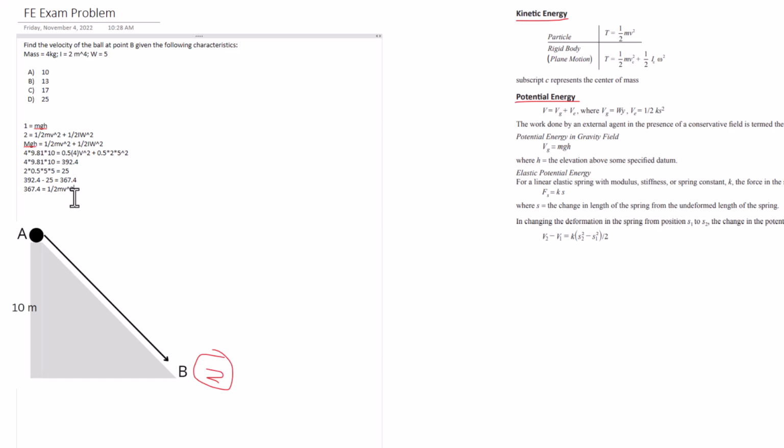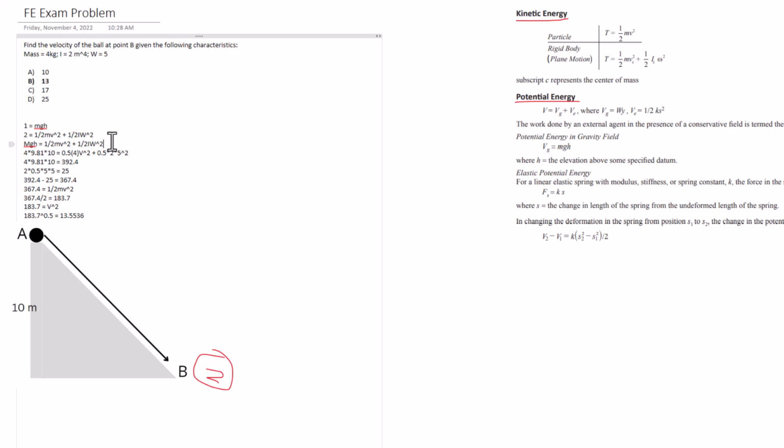Like I said, we know the mass is 4, so 4 divided by 2 is going to be 2, so we're going to have 367.4 divided by 2 equals 183.7 equals finally v squared. It's 183.7 raised to the 0.5. And we get a final answer of 13.55 or 13.6. So I'm going to put B for our answer in this case.